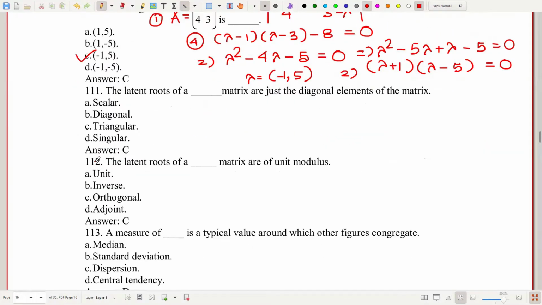The latent roots of a dash matrix are just the diagonal elements of the matrix. Now, what is the meaning of latent roots?